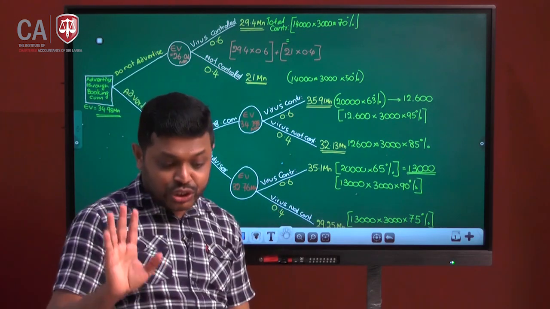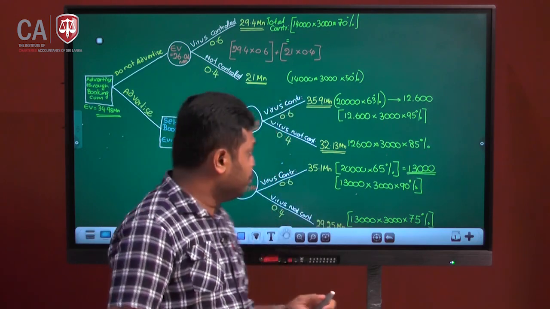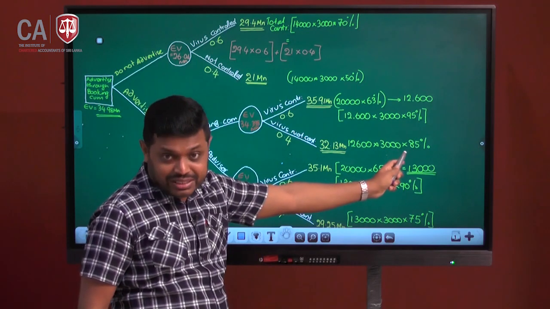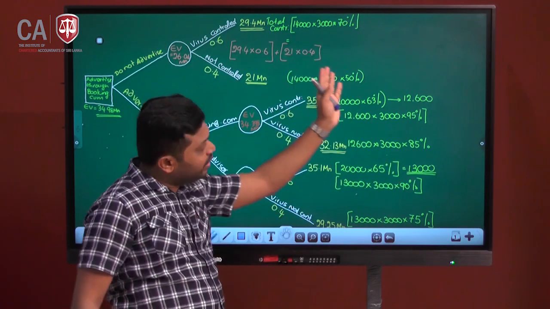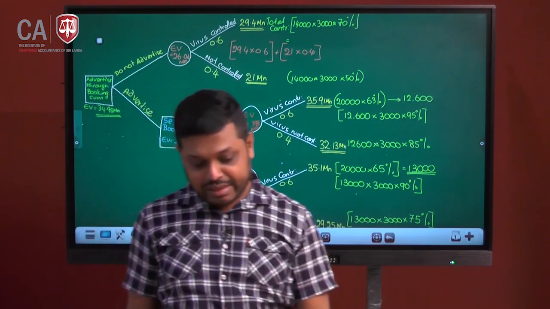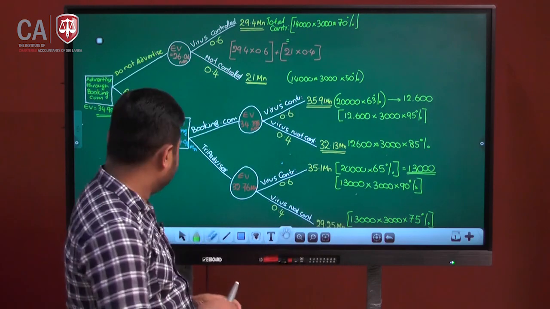Clear? That is question number 4. Constructing a decision tree, you construct it from left to right, which we call the forward pass. You work it out from right to left, which we call the backward pass method. That is question number 4 relating to decision trees.